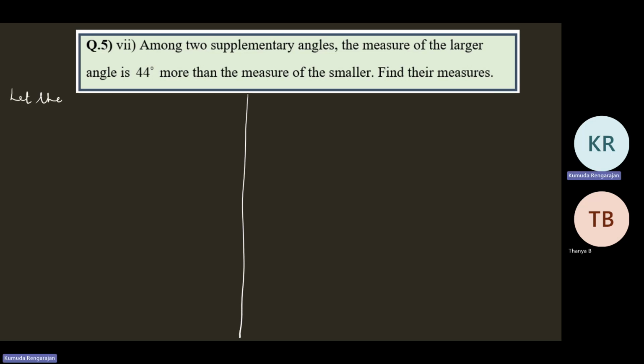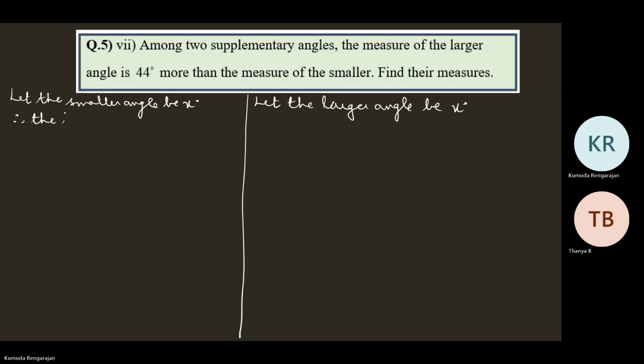Let the smaller angle be x degrees. Here we say let the larger angle be x degrees. Here we say therefore the larger angle is equal to 180 minus x degrees.